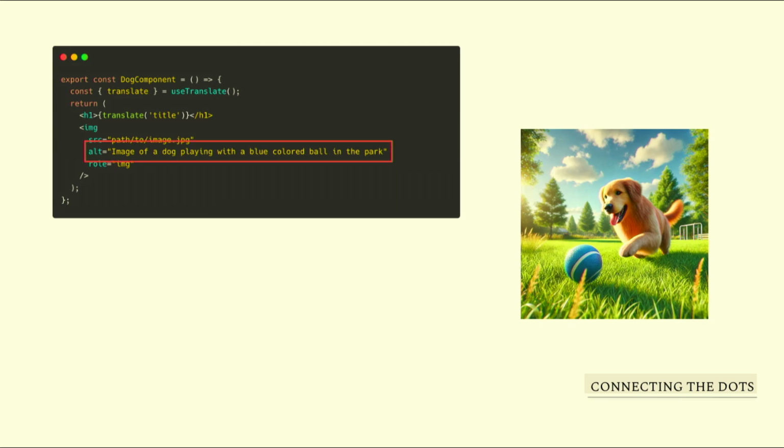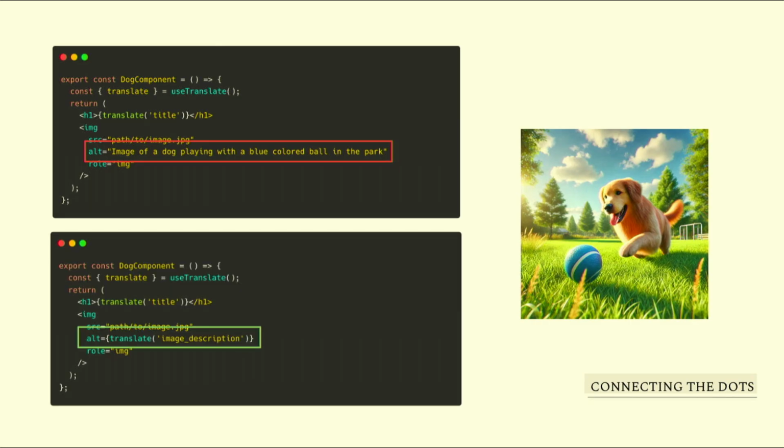The alt text of the image is not correctly localized. So when a person is using a screen reader, for example, in a country where people don't understand English, they won't be able to understand the image properly. This is a tiny aspect where I see these two critical concepts, accessibility and internationalization, actually merging together.